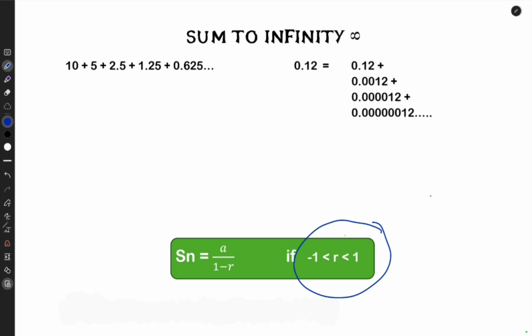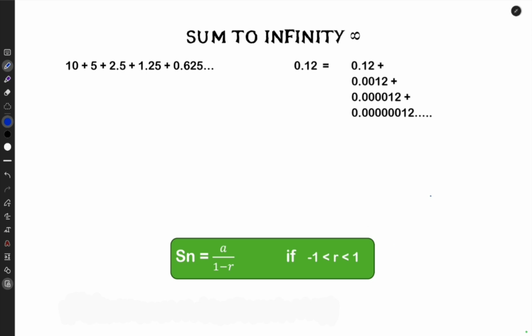So if your r value is anything like 0.5 on the left or 0.01 on the right, then sum to infinity would apply, and then I only use this formula. It is on your formula sheet. So you just need to identify the sum, figure out what's a, figure out what's r, sub it into the formula, and then you get the answer.